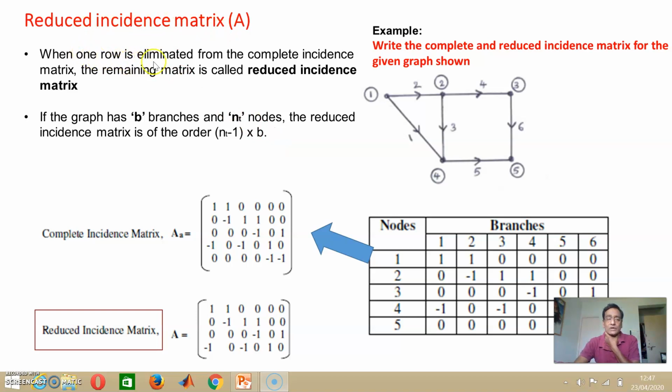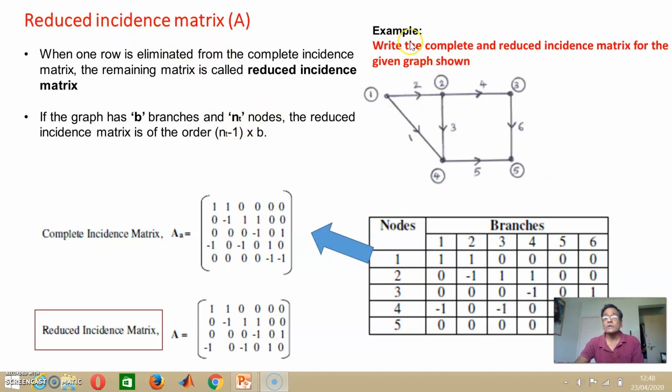When one row is eliminated or deleted from the complete incidence matrix, the remaining matrix is called the reduced incidence matrix. Very simple. If any one of the rows is deleted, that means one node is deleted. It means one node is deleted, and the remaining matrix has one row less. Then it is called the reduced incidence matrix.